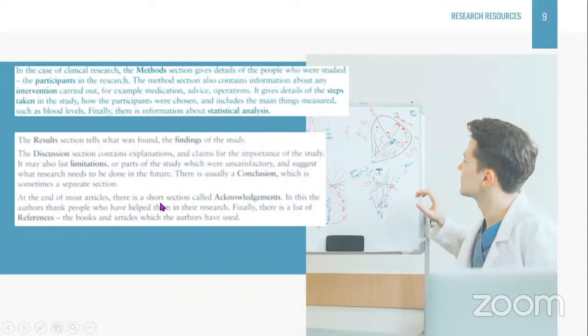At the end of most articles, there is a short section called acknowledgements. Do you know what an acknowledgement is? Nobody?